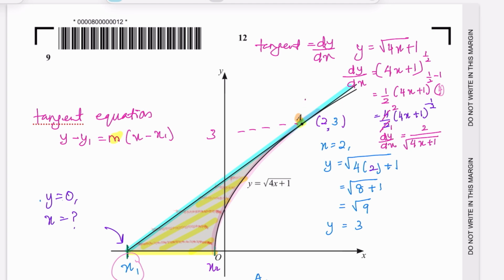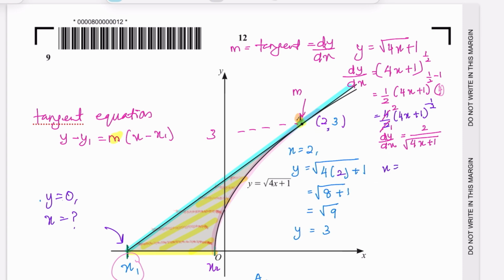Now I want to find my dy/dx, which is m, or my gradient, at x equal to 2. When x is equal to 2, then my dy/dx will be 2 over square root of 4 times 2 plus 1, which is 2 over square root of 8 plus 1, 2 over 3. Now I have my m, which is 2 over 3. Do I have my y?